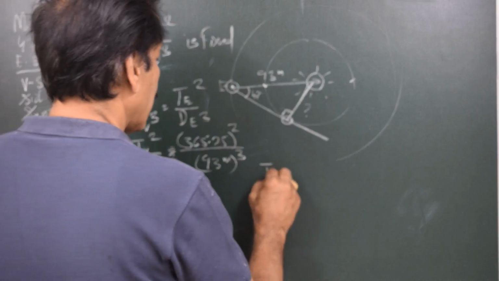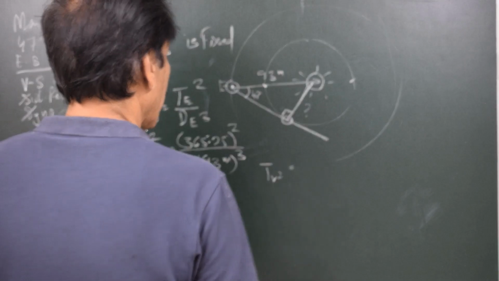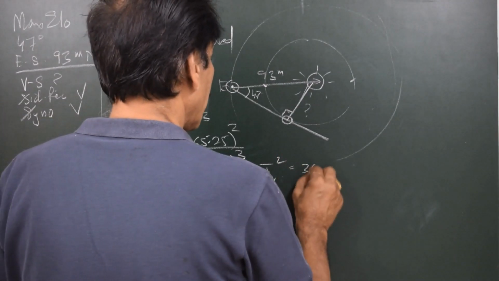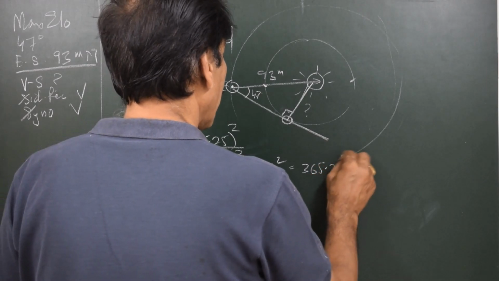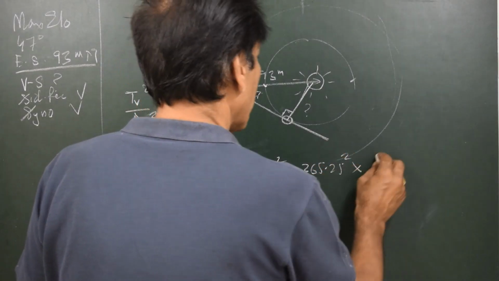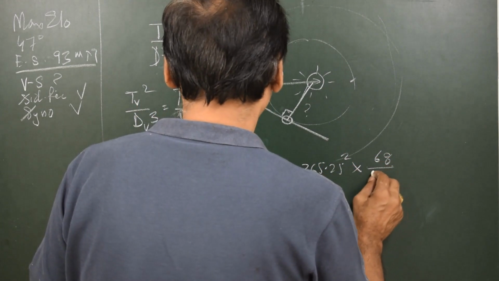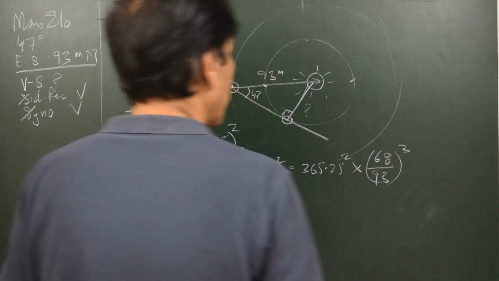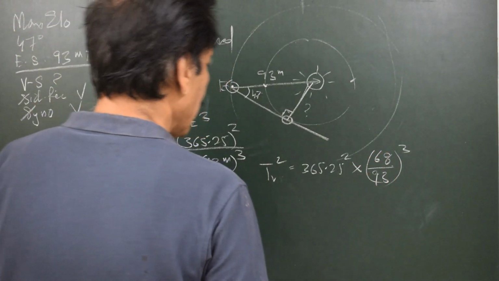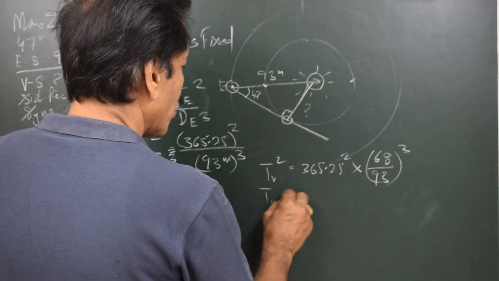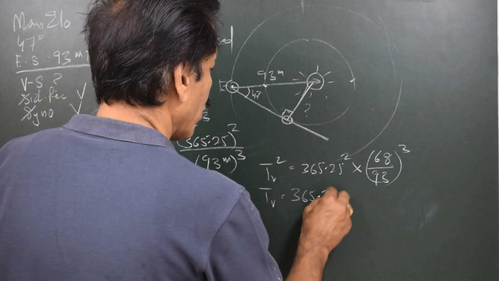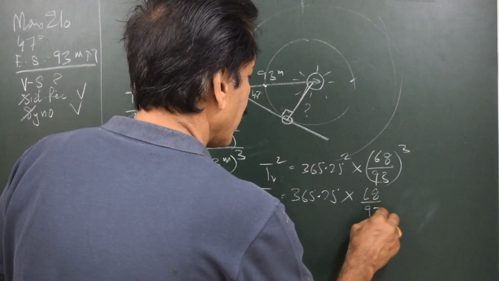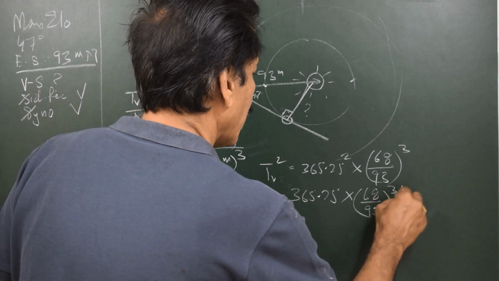So can we say that TV squared is equal to 365.25 squared into 68 divided by 93 cubed. This is in terms of million miles. Therefore TV should be equal to 365.25 into (68 by 93) to the power 3 upon 2.